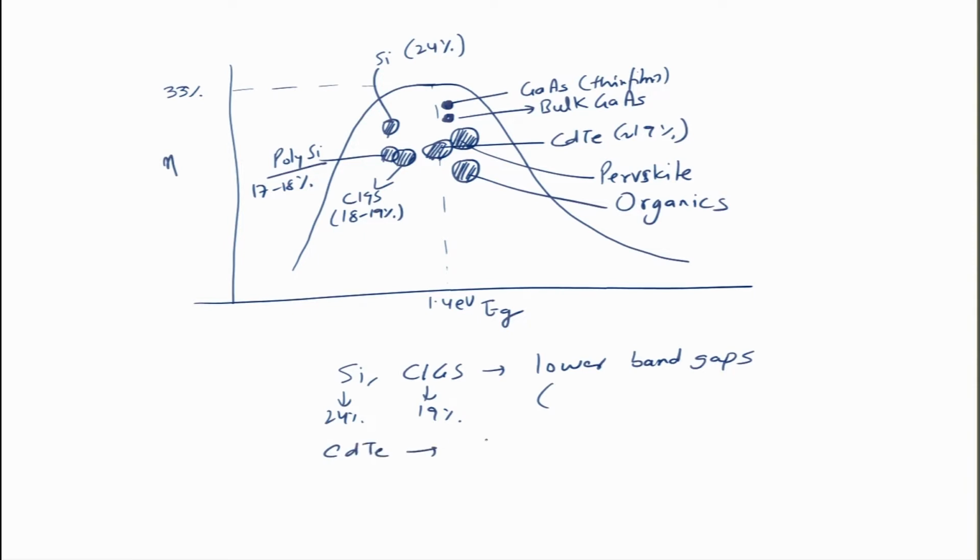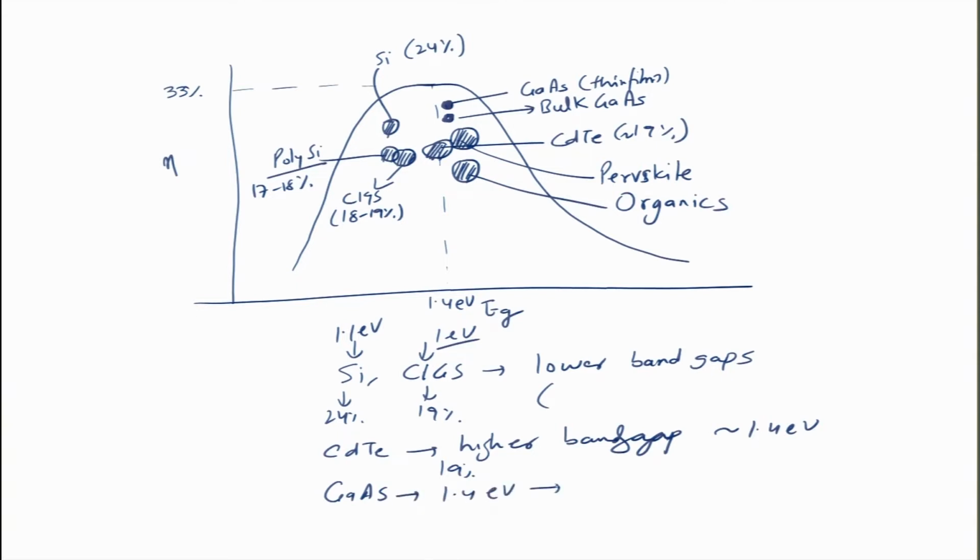CdTe band gap is larger, around 1.4 eV; silicon is about 1.1 eV, and CIGS is about 1 eV or so, depending upon the composition. CdTe again gives you about 19%, gallium arsenide is 1.4 or so, and gives you nearly 28 to 30% roughly. So, you have various numbers for gallium arsenide.